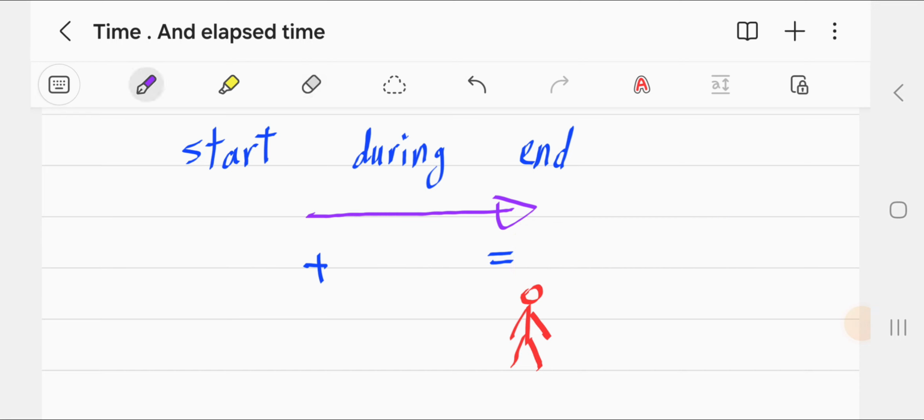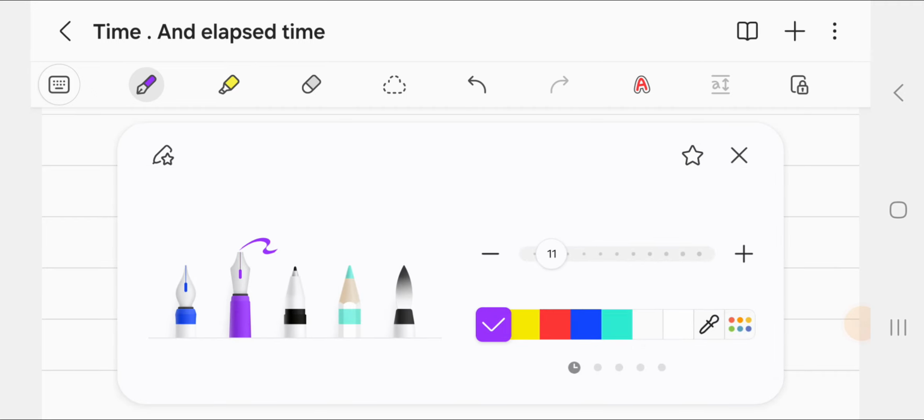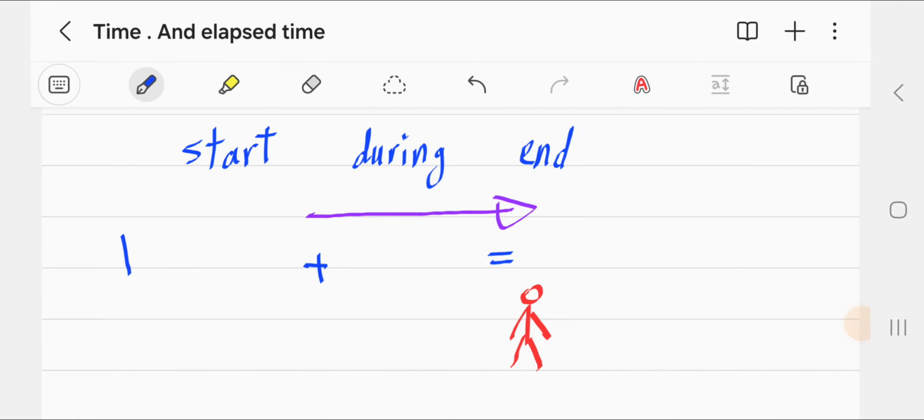I have start our session at 1 o'clock, 15 past 1. And then our math session just takes 30 minutes. Okay, right now I will end our session at which time? Yes, I will add it.